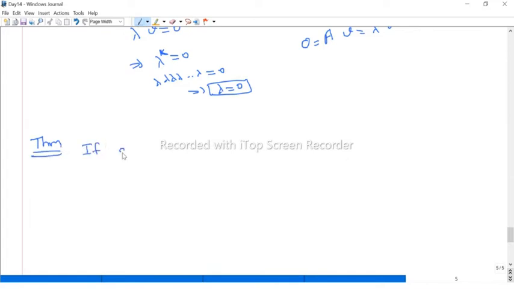Suppose an n by n matrix A has n distinct eigenvalues, not eigenvectors, distinct eigenvalues.